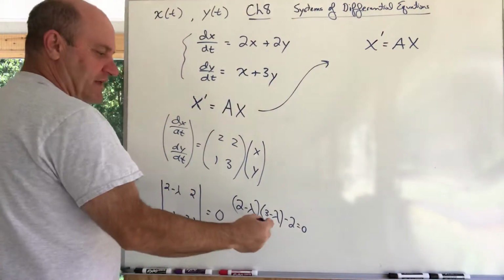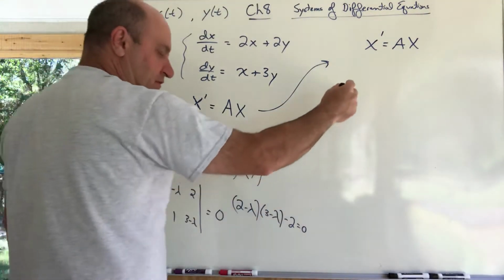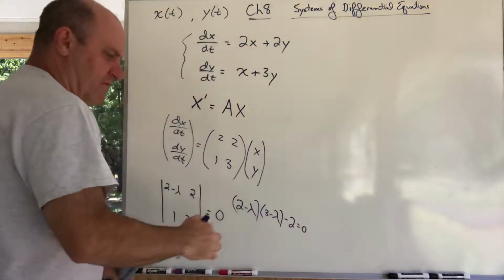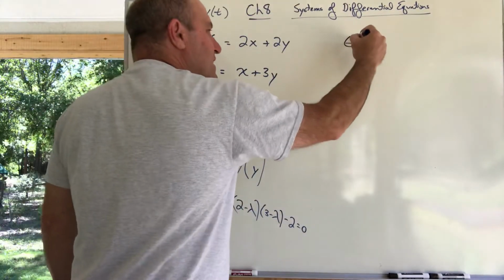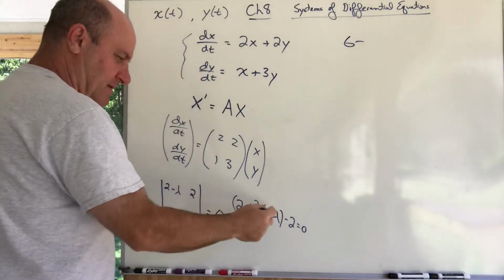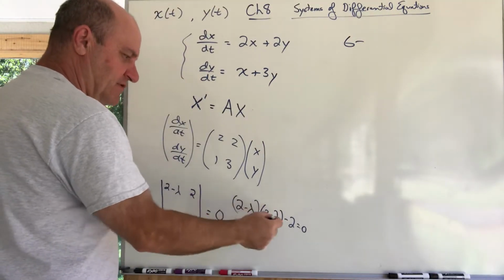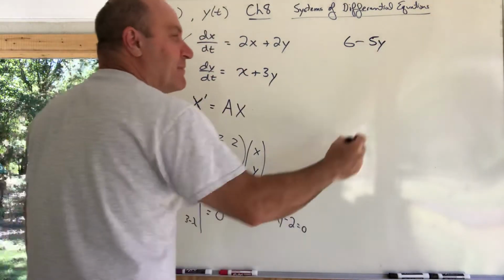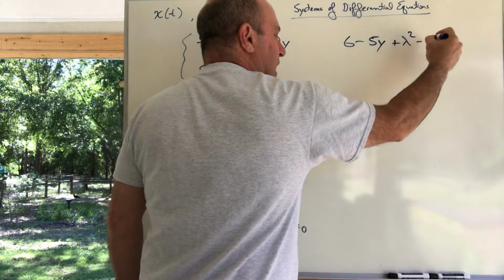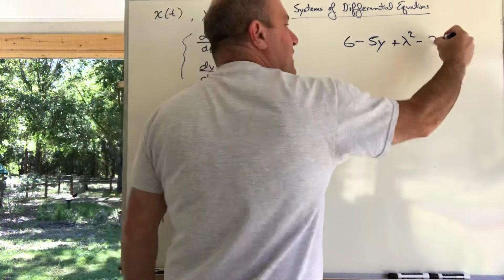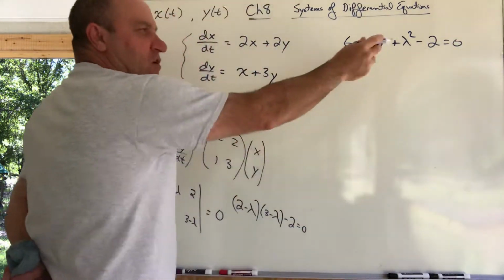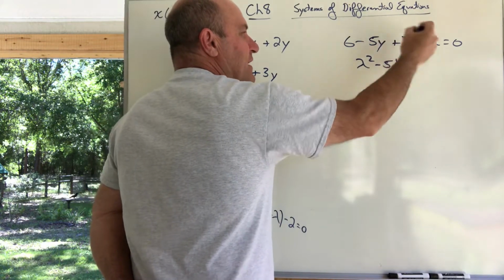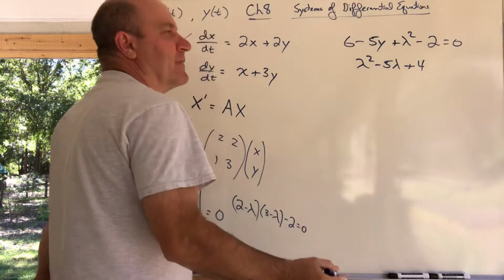All right, let's work on this. I'm going to FOIL it. That's a 6 minus 2 lambda minus 3 lambda. That's minus 5 lambda plus lambda squared minus this 2 equals 0. Hey, it's a quadratic equation. You get lambda squared minus 5 lambda plus 4 equals 0.